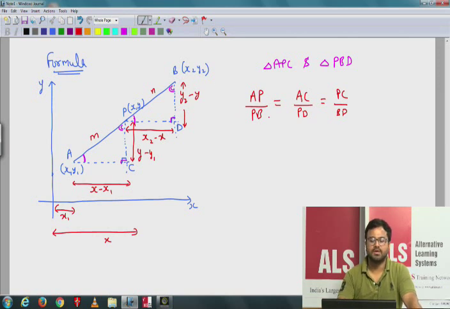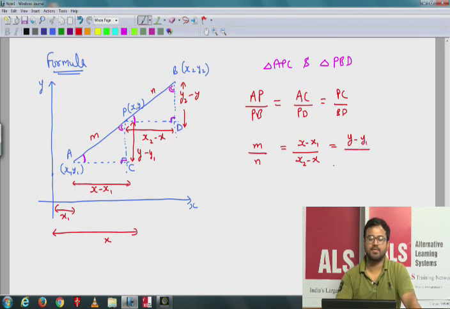So AP is denoted by small m, PB is denoted by small n, AC is x minus x1, PD is x2 minus x, PC is y minus y1, and BD is y2 minus y.